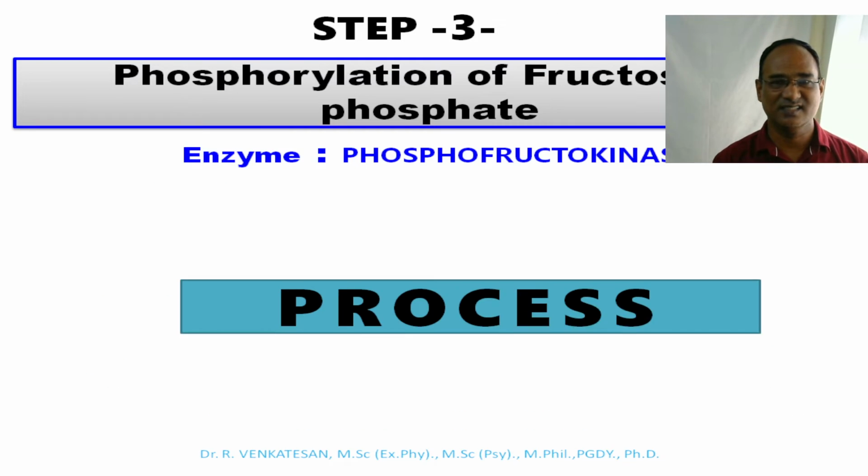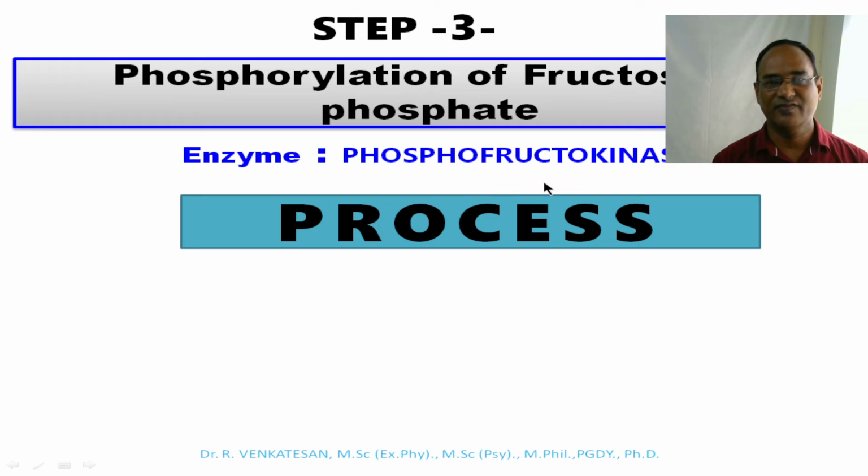And the third stage is very simple. Phosphofructokinase converts fructose 6-phosphate into fructose 1,6-bisphosphate by adding one more phosphate group.